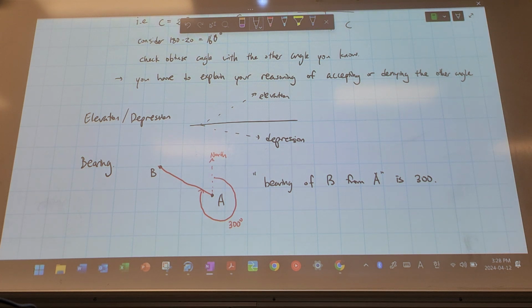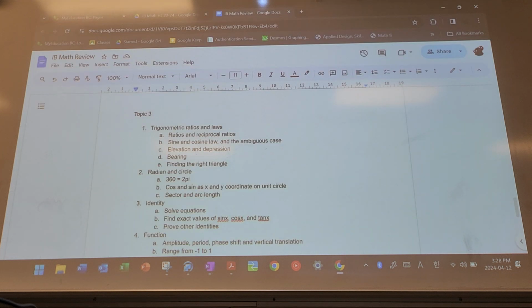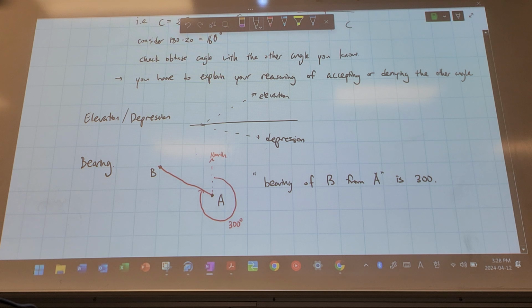Usually you have a question where the bearing is given, and then you have to make the triangle or non-right triangle on a blank piece of paper. So that's how it's used. One tip when you're doing trigonometry or triangle questions is that we need to have the ability to find right triangles in a random place, right?